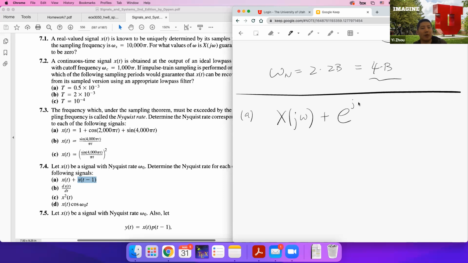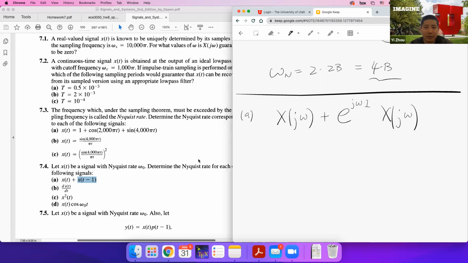e^(j omega t), and this is e^(j omega t) with time shift 1, by the time shifting property. Positive? I think it's positive.